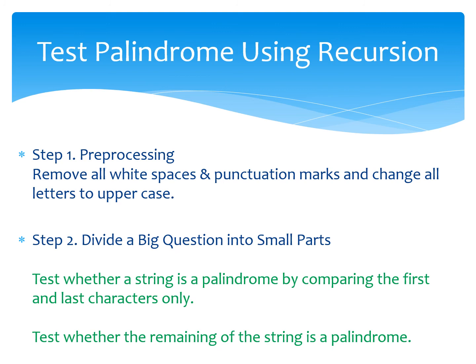The second step is that we divide a big question into small parts, that is, divide and conquer. First, test whether a string is a palindrome by comparing the first and the last characters only. Second, test whether the remaining of the string is a palindrome.